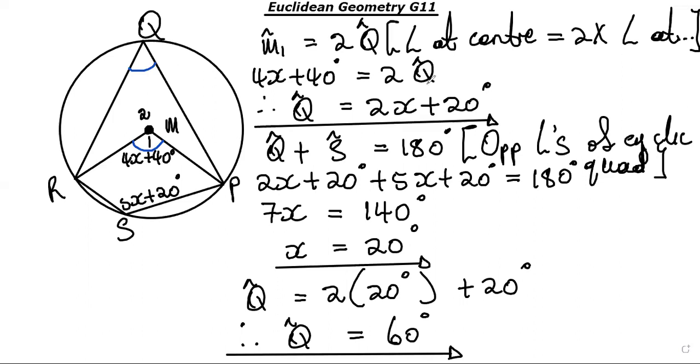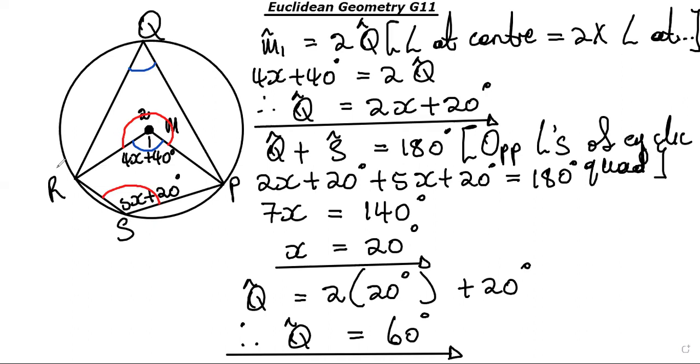And then you say, in order for me to get the value of x, I start by finding the size of angle M2. Now that I know the size of angle M2 by using the angles around the point, I can now say the angle at the center is twice the angle at the circumference. And then you can use that to find the value of x.